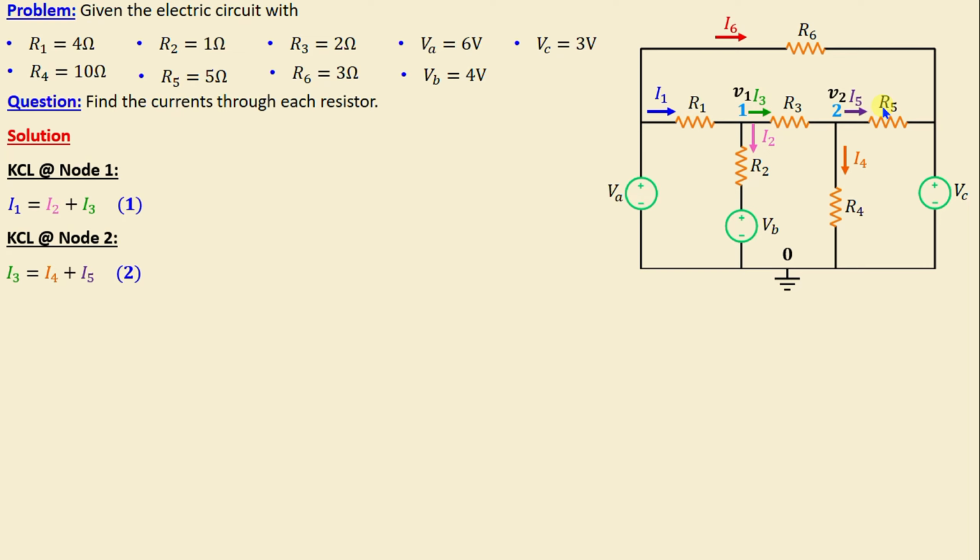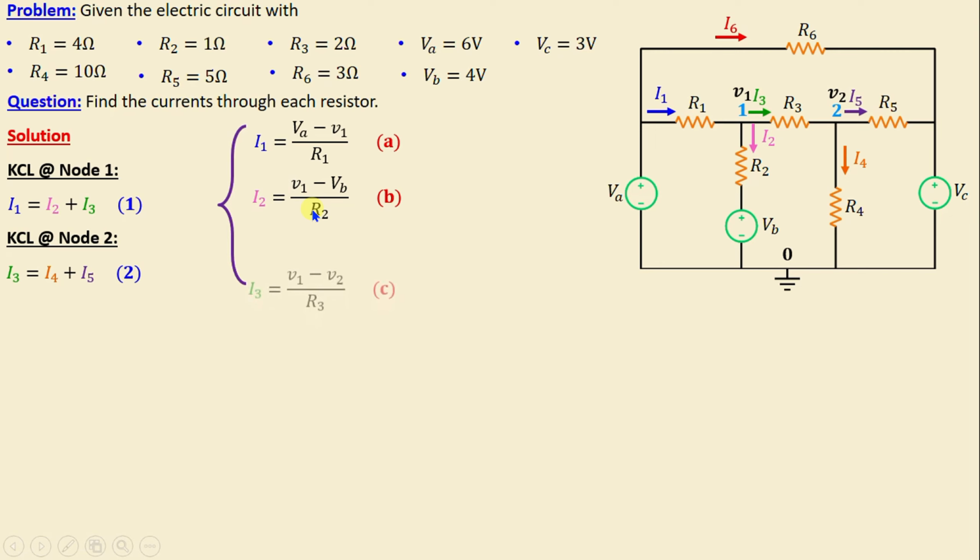And according to Ohm's law, the current can be expressed as the voltage difference across a resistor divided by the resistance. This implies that the currents can be found by the following equations. I1 is equal to VA minus V1 over R1, and I2 is equal to V1 minus VB over R2, and I3 is equal to V1 minus V2 over R3.